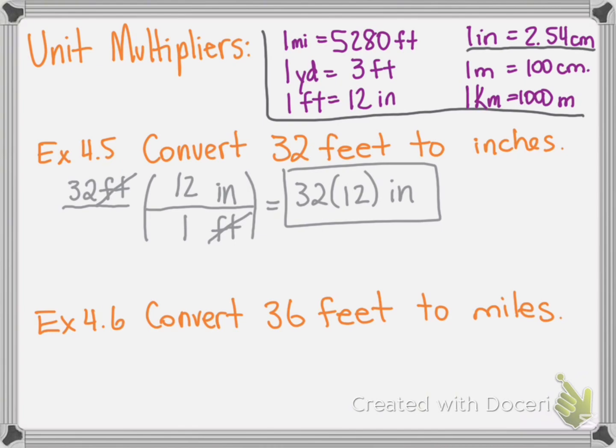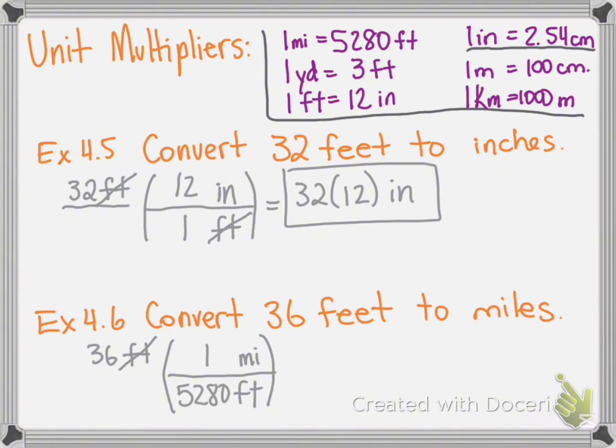It says convert 36 feet to miles. So notice that we're starting the same with 36 feet, but now we're going to go to miles. We put feet on the bottom again because we want them to cancel. But now we see if there is anything that connects feet with miles. And there is. 1 mile is 5,280 feet.